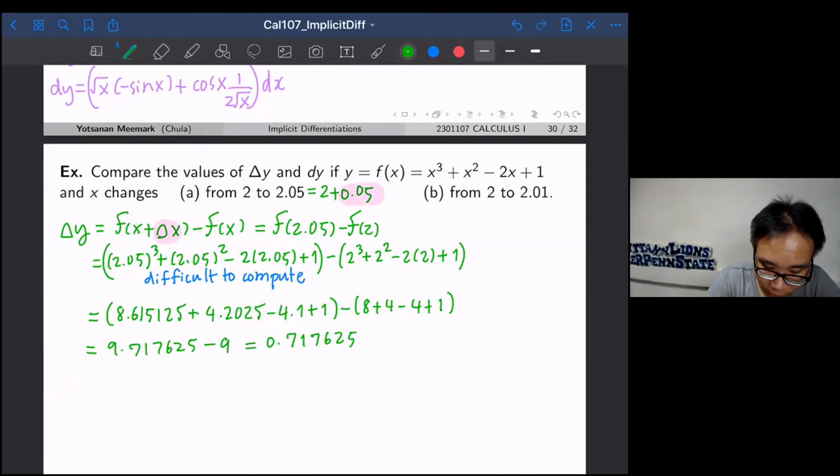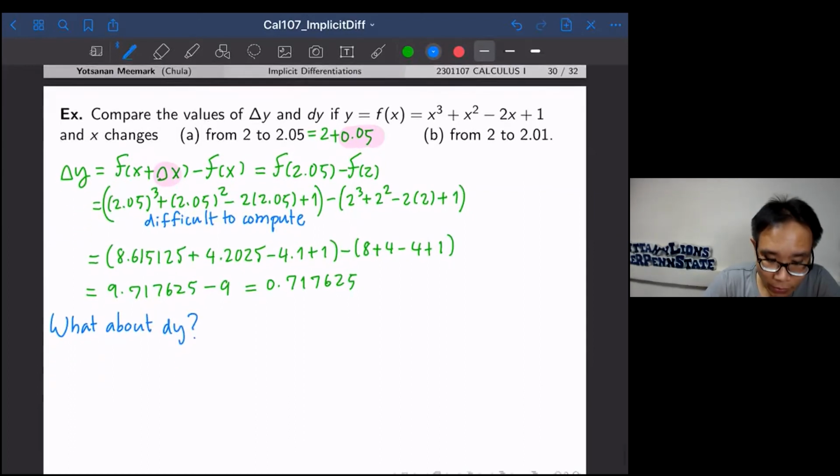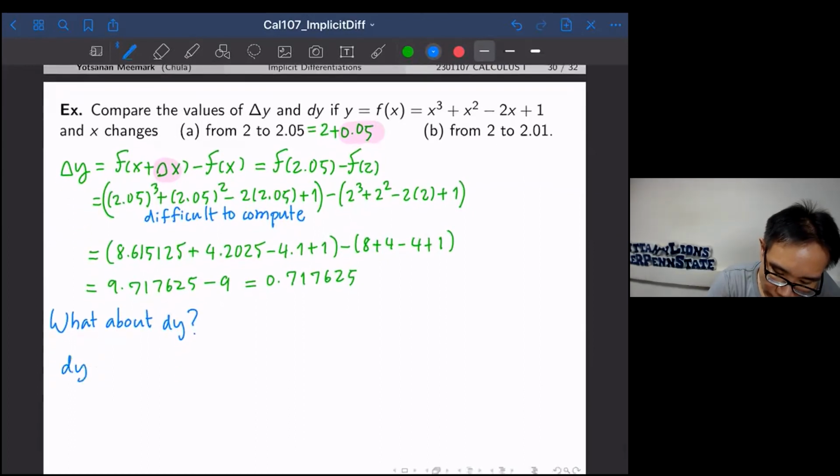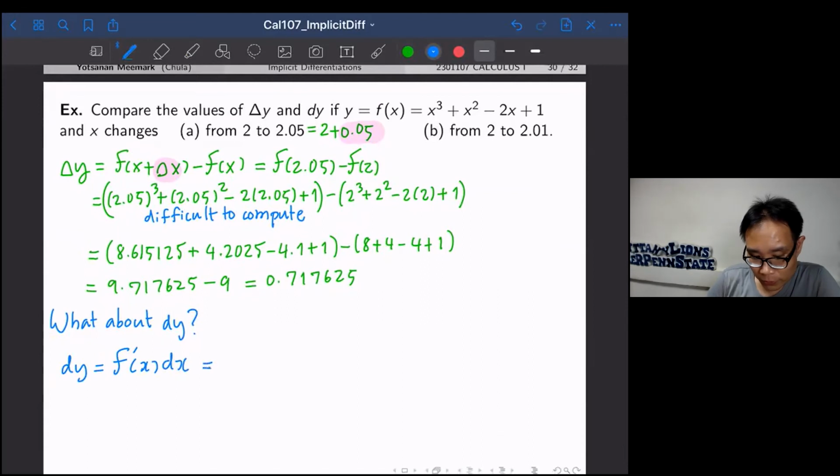Let me use another color. So what about dy? You have dy equal to f prime of x dx. For this one, you differentiate. It's going to be 3x squared plus 2x minus 2 dx.